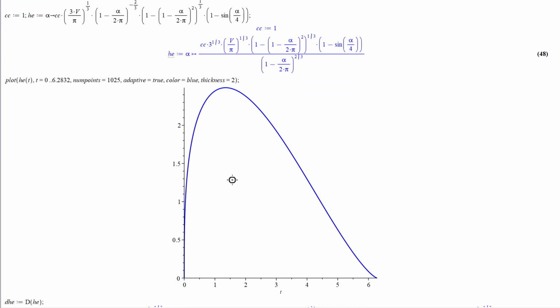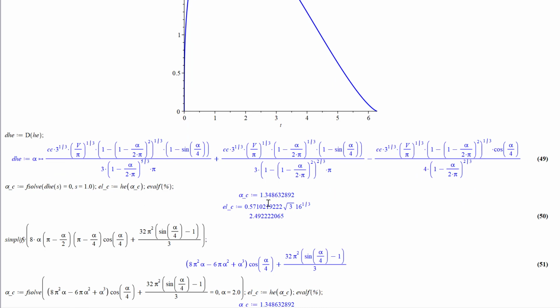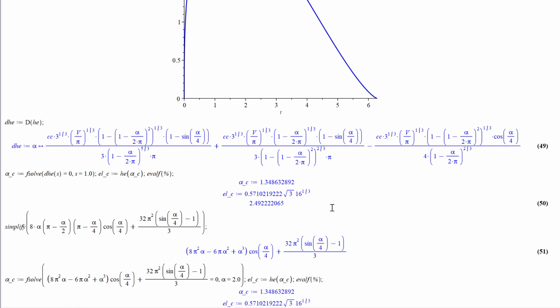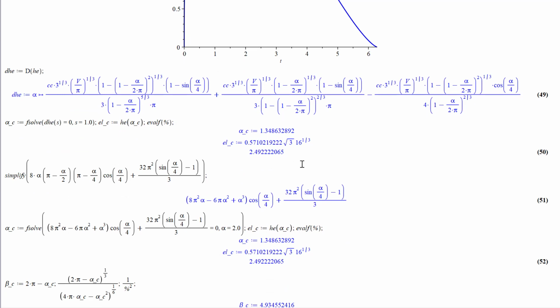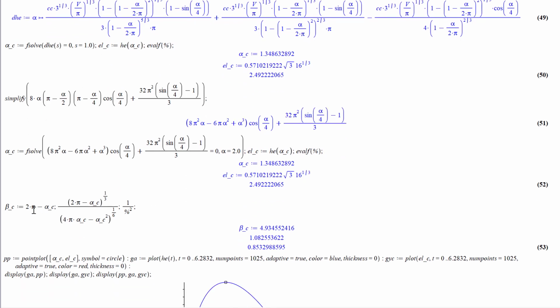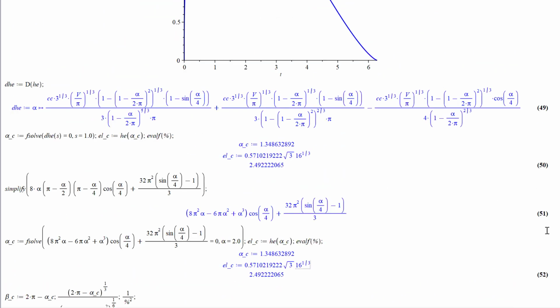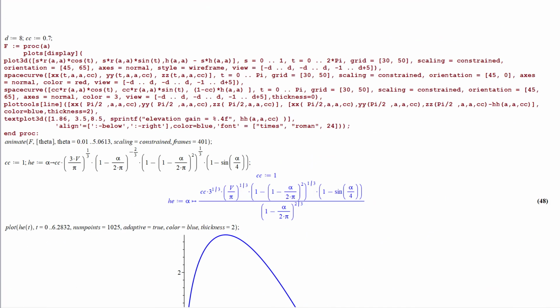And so here's a plot. It's maximized at this value of alpha, almost 1.35. And then this will be the maximum amount. Found it a few different times, simplified, and then there's the beta. So almost 5 radians. So it's a pretty short cone. I'll look at some pictures, but here's 1.35, as I said, roughly.